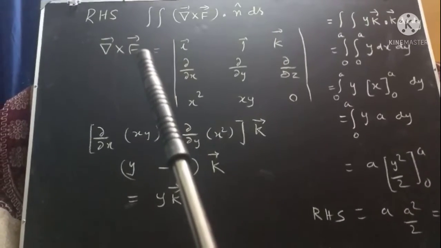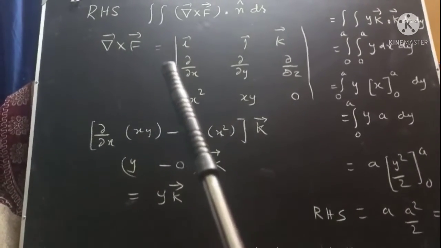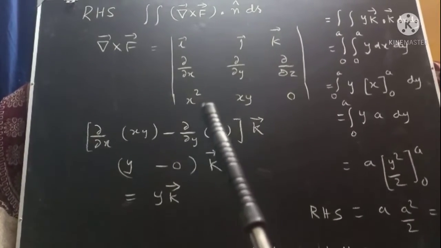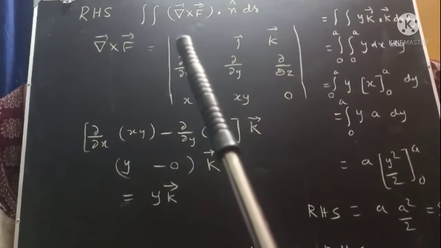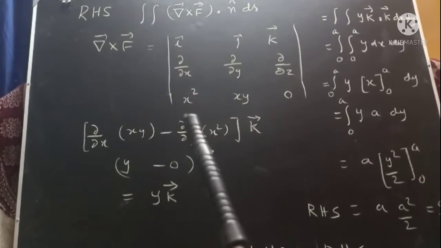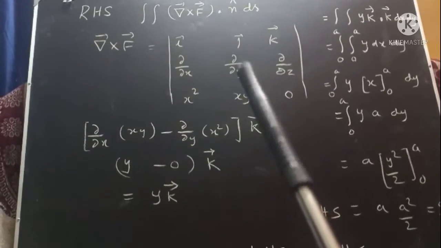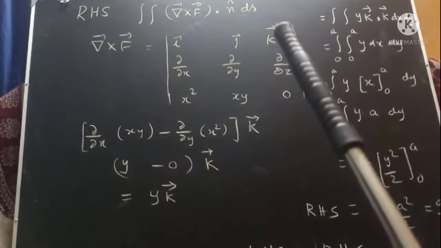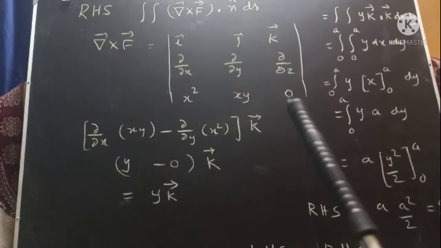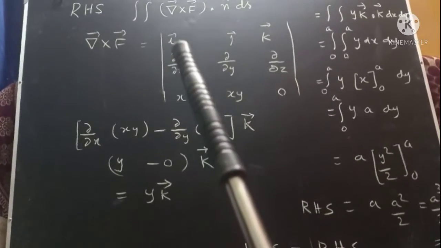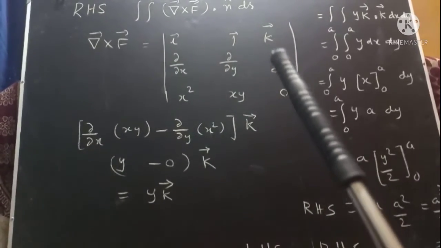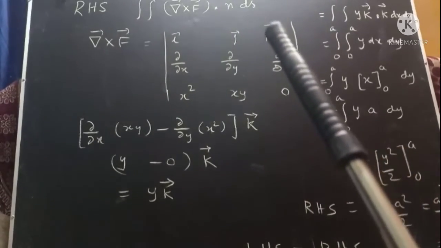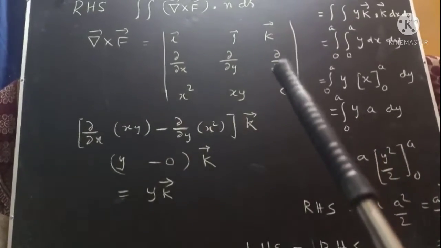F vector is x square i, then xy j, and k is not given, so 0. Now we have to find the k vector only, so close the third column.